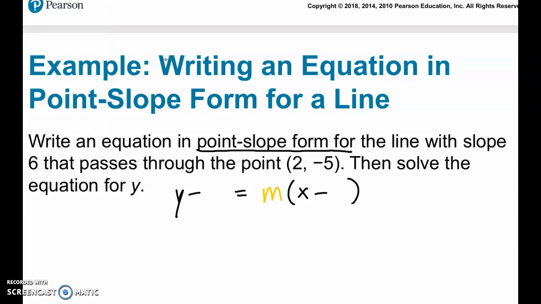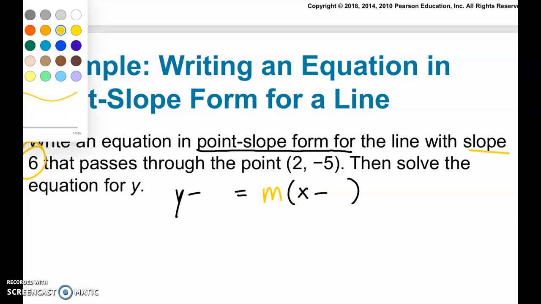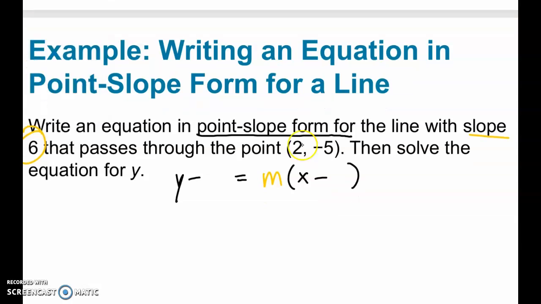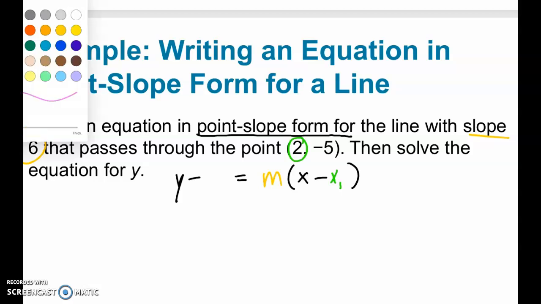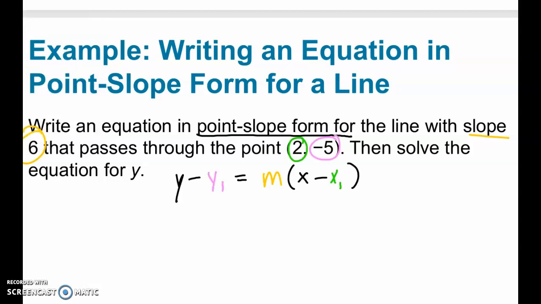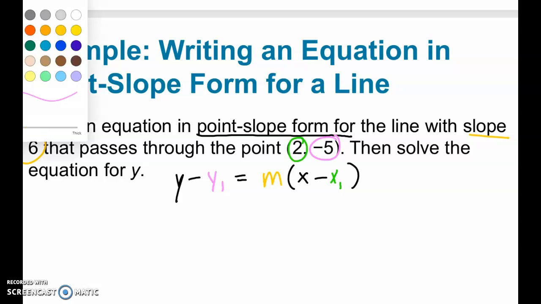It tells us it has a slope of 6. So that's going to go in place of the m. And then it tells us it passes through the point 2, -5. So x1 is 2, and -5 is y1. So that's where I'm going to put these.